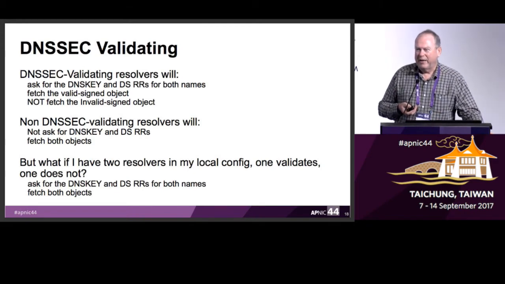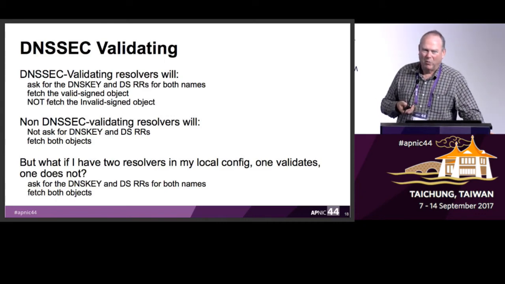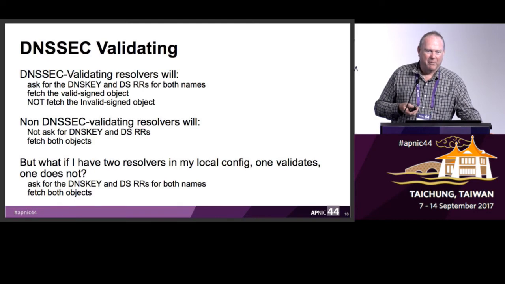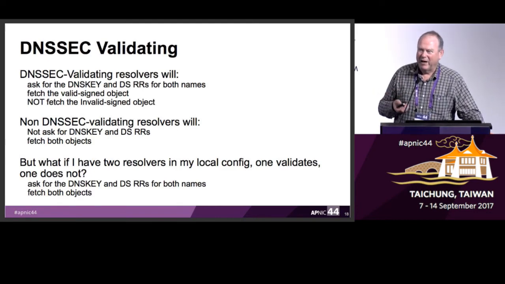The reason why is actually the engineering that happens inside many ISPs. One is never enough. And normally users are provisioned with the IP addresses of 2 resolvers. What happens if one validates and the other one doesn't? When you get back SERVFAIL, the DNS signal for SERVFAIL doesn't say, I tried to validate and it failed.